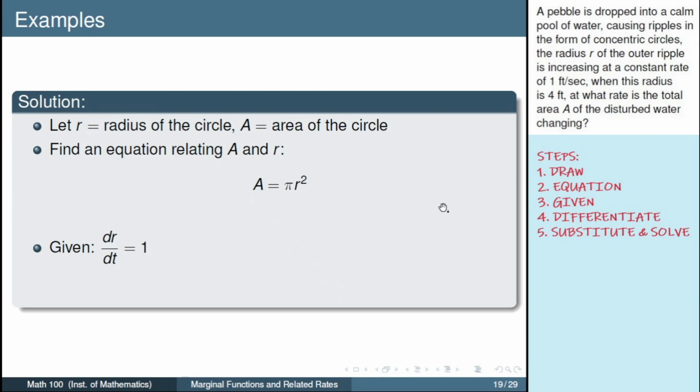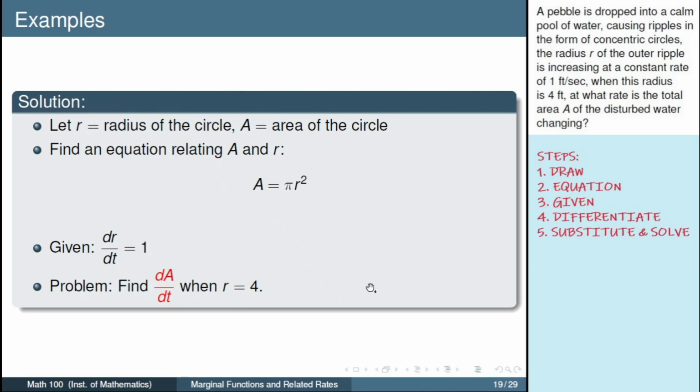So, since increasing siya, therefore, our rate of change for the radius is positive and is equal to 1. And ano yung hinahanap sa problem? We are asked to find the rate of change of the total area, that's dA over dt, when r equals 4. Okay? So, ito yung summary ng given at kailangan nating hanapin sa problem.